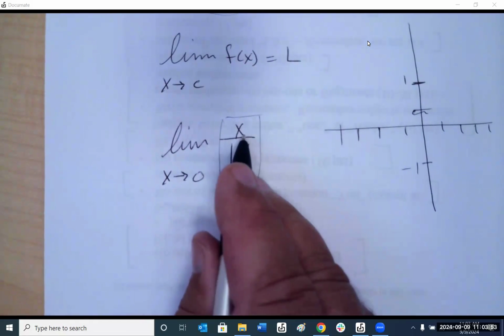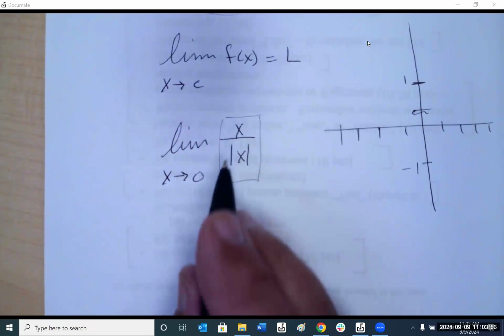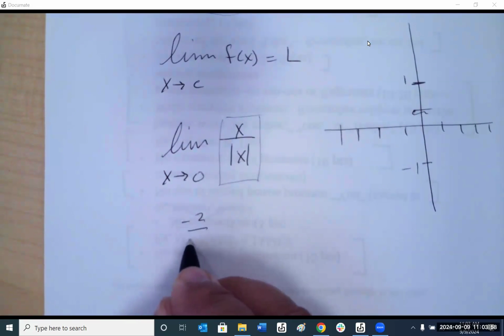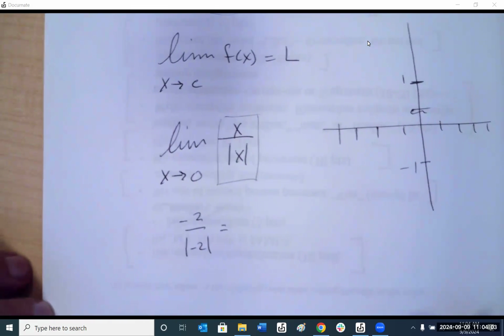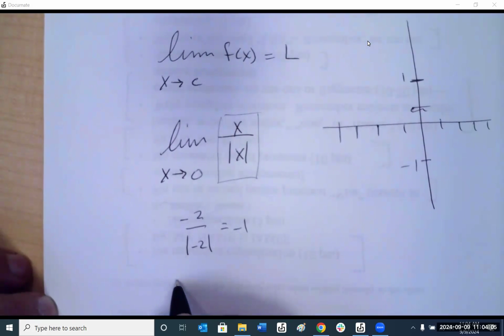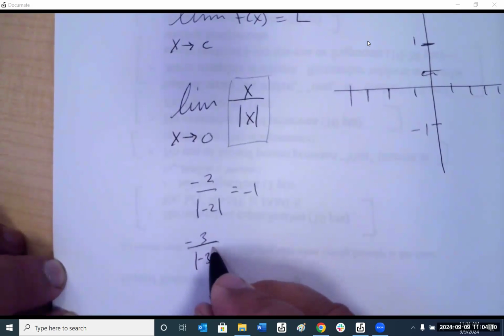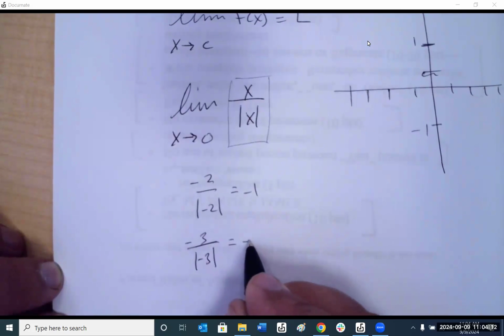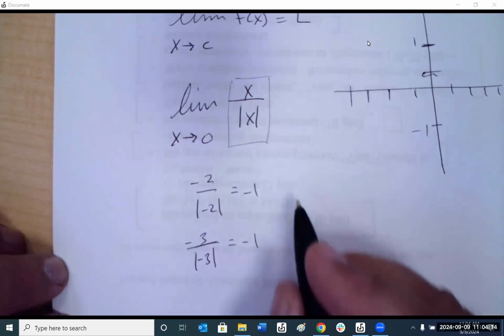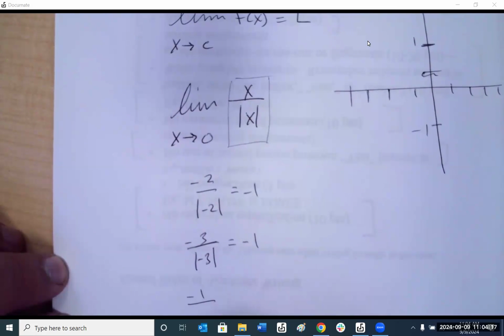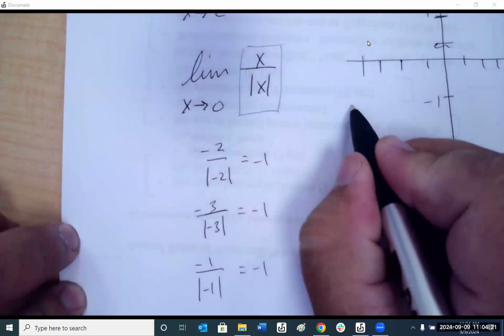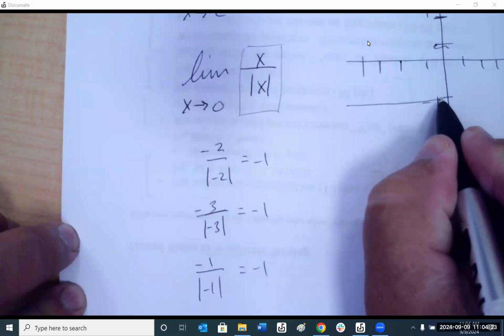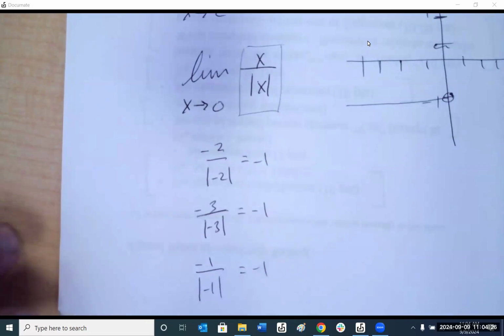If we put negative values in there, negative 2 over absolute value of negative 2 is what? Negative 1. Negative 3 over absolute value of negative 3 is negative 1. And negative 1 over absolute value of negative 1 is negative 1. So to the left of it, it approaches negative 1.